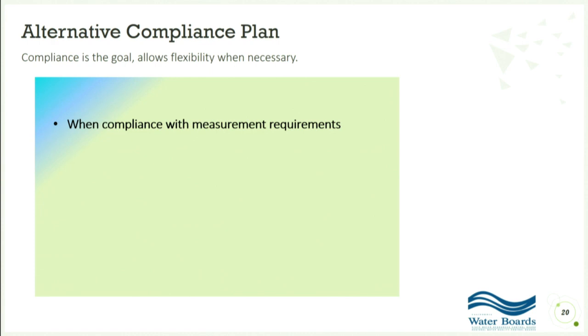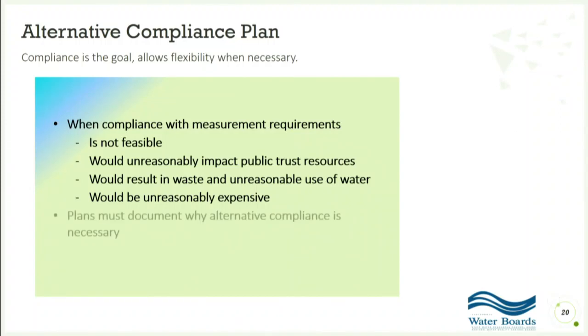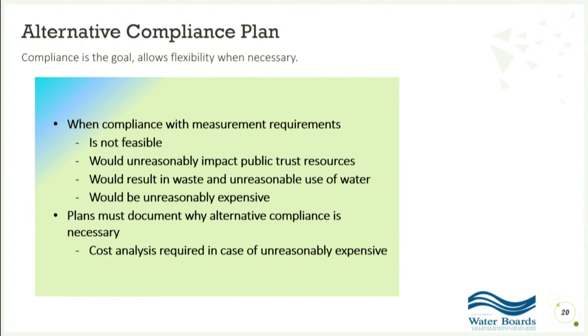These plans are appropriate when compliance with measurement requirements is not feasible, would unreasonably impact public trust resources, would result in waste and unreasonable use of water, and would be unreasonably expensive. These compliance plans must document why the alternative compliance is necessary, and it must include a cost analysis if you are claiming that it's unreasonably expensive to comply with the regular regulations.